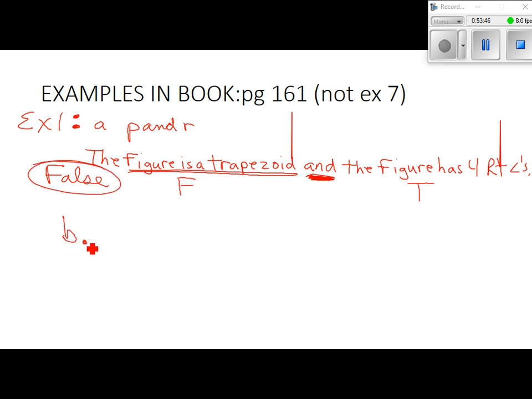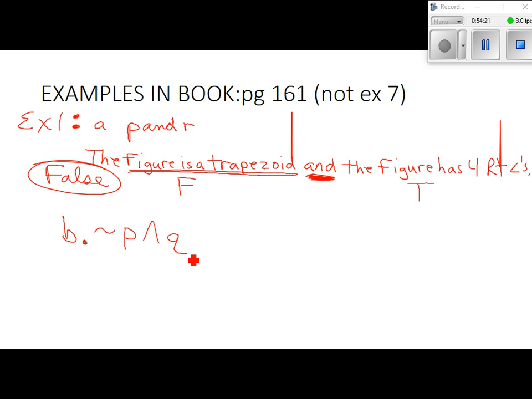Part B says this. Help me out, Hannah, read this to me. What's this symbol? Not P. All right, Kai, what's this symbol? And then Q, right? So that's what we're going to write. Keith, what was P?